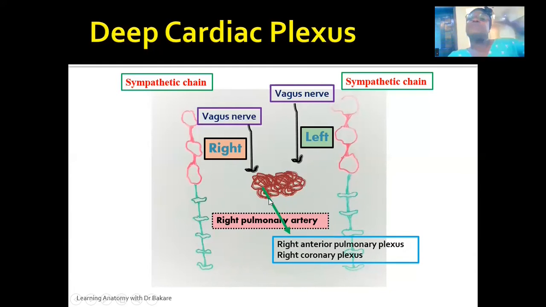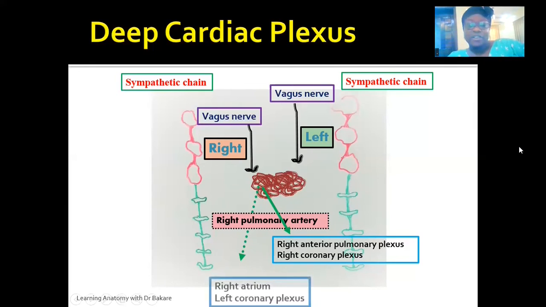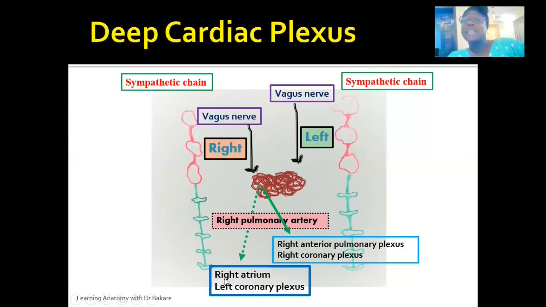Going back to the branches that are seen to part behind the right pulmonary artery, we also have branches that are given around this region, and these include branches to innervate the right atrium, and also branches that form the left coronary plexus. So you have the left coronary plexus also receiving branches from the right side of the deep cardiac plexus, but it is seen to part behind the right pulmonary artery.